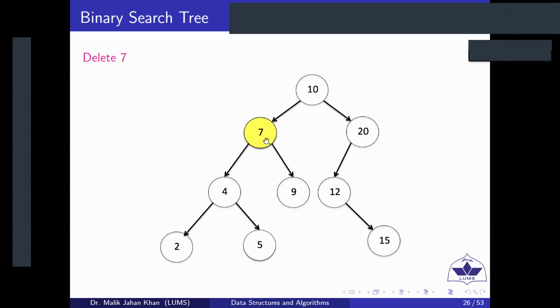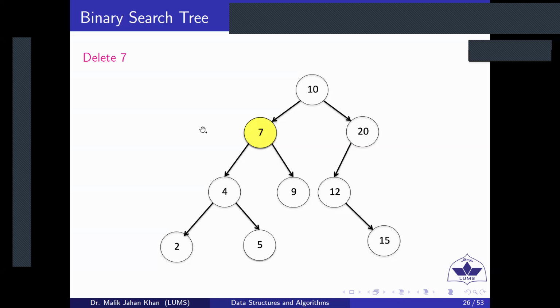So 7 is the root node of this smaller subtree, which has 4, 9, 2, and 5 inside it. Inside this whole thing, we try to find the largest element in the left branch, or we find the smallest element in the right branch, and we swap that element with 7.